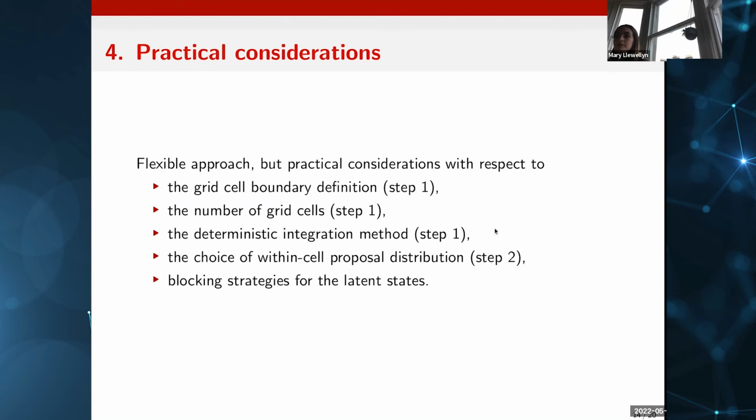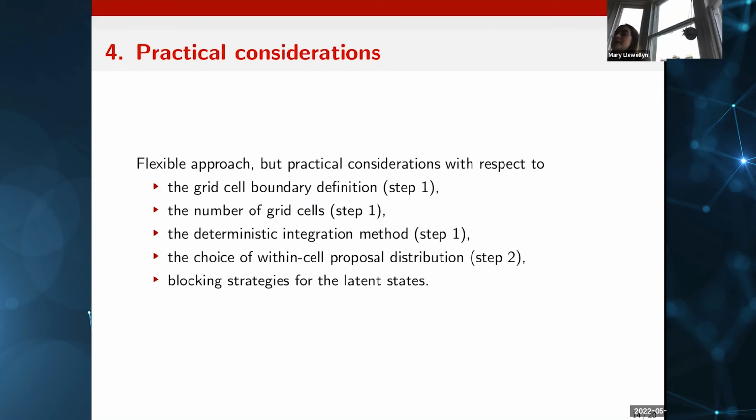Okay, the second point, the number of grid cells, comes with a similar trade-off that's perhaps easier to explain. Using more grid cells will, most of the time, give a better approximation. I don't want to say always, but most of the time it will give lower approximation error with respect to the posterior, or the conditional density.